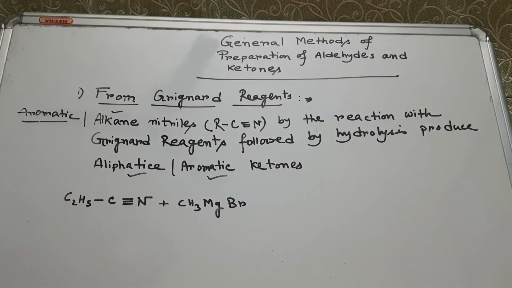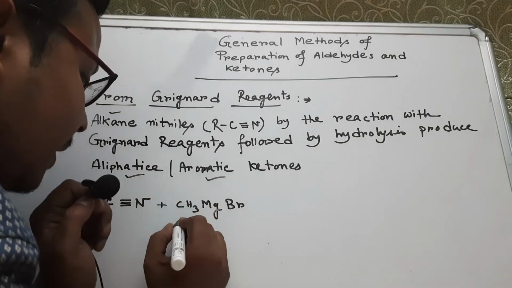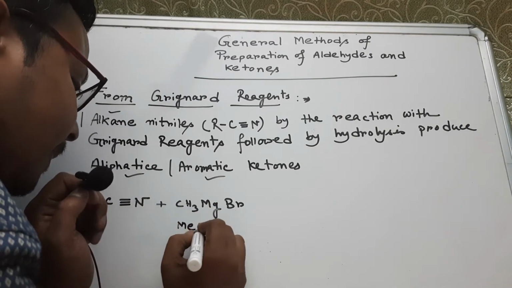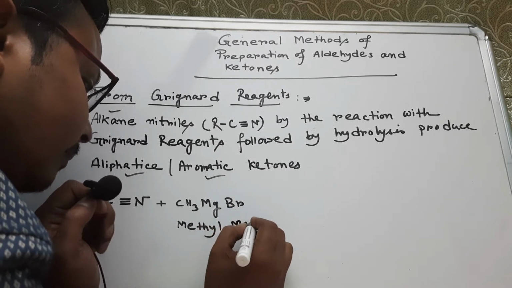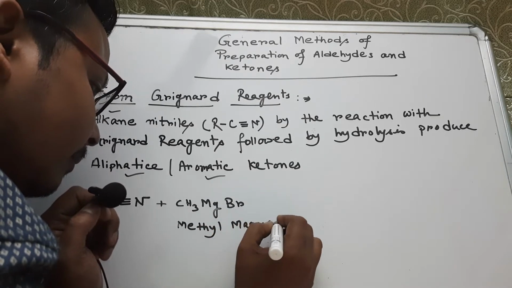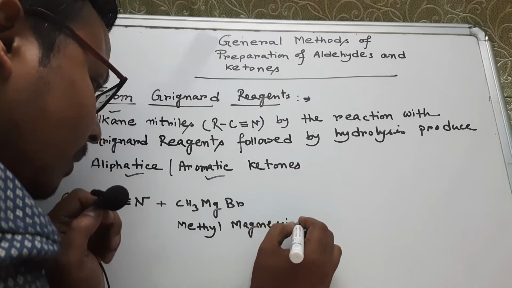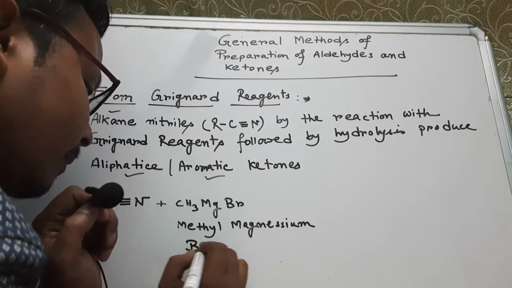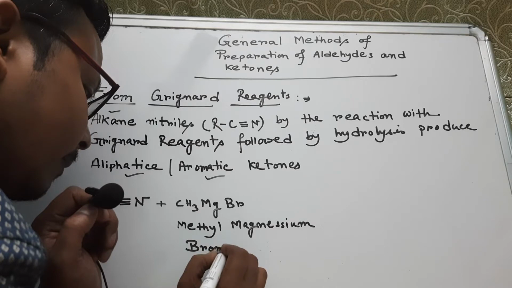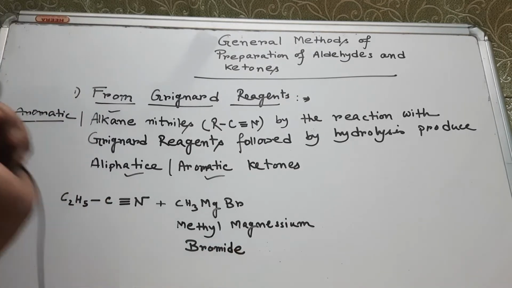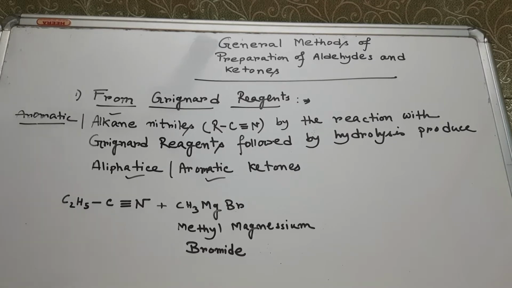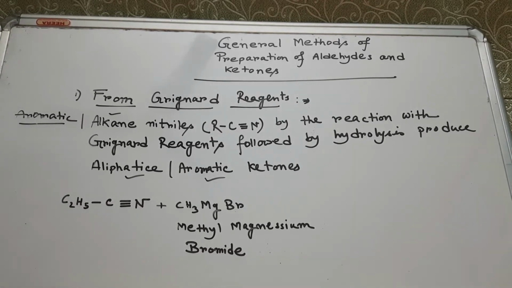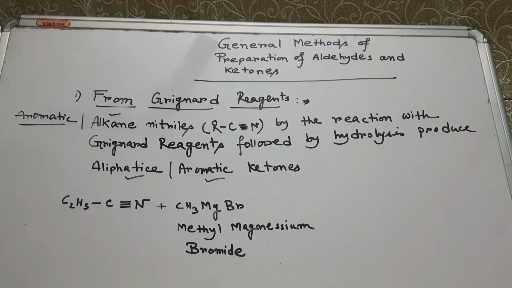So the name of the Grignard reagent is methyl magnesium bromide, and this is ethyl cyanide. CN means cyanide.